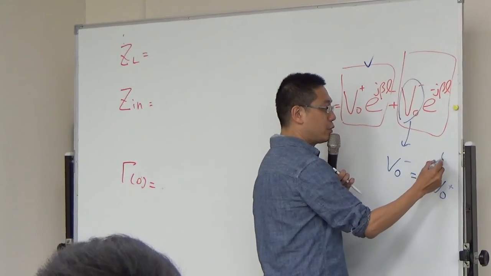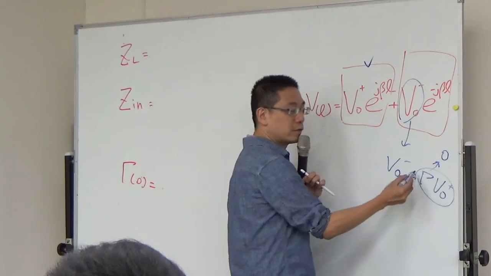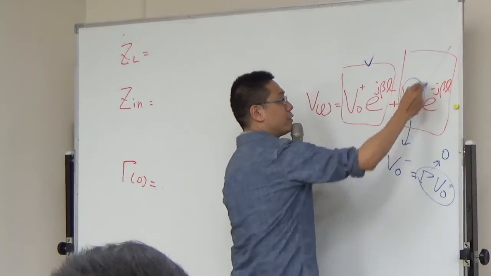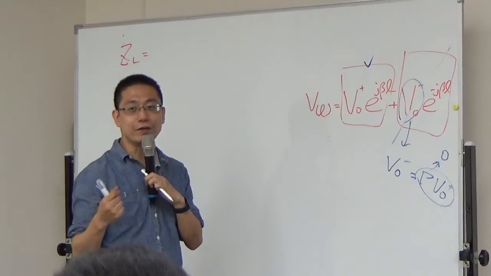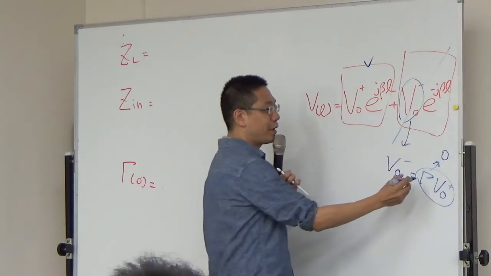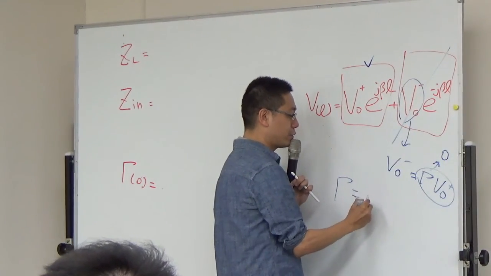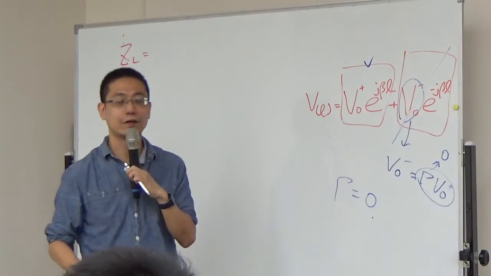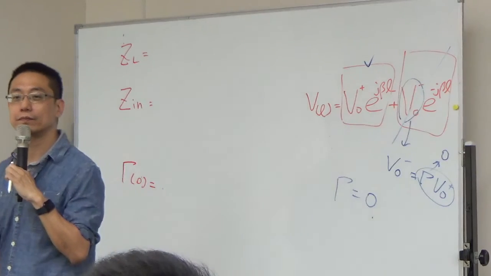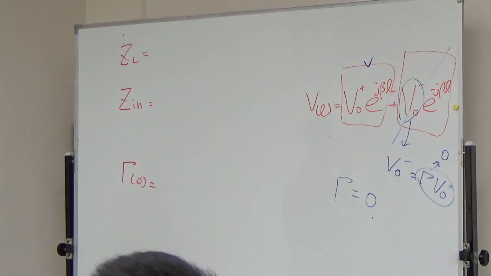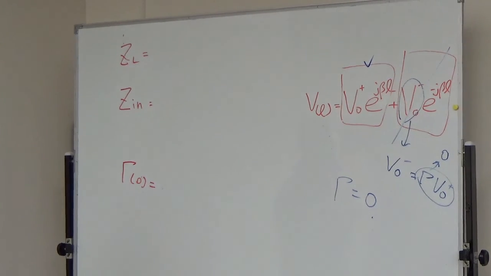If gamma equals 0, you don't have this term, right? More questions, more points. How to make gamma equal 0? Two more points. How? Tell me.